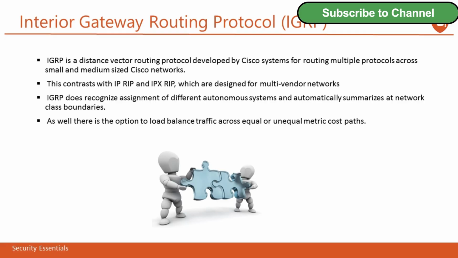This contrasts with IP-RIP and IPX-RIP, which are designed for multi-vendor networks. IGRP does recognize assignments of different autonomous systems and automatically summarizes at network class boundaries. There's also an option to load balance traffic across equal or unequal metric cost paths. So IGRP is used in the Cisco networks.